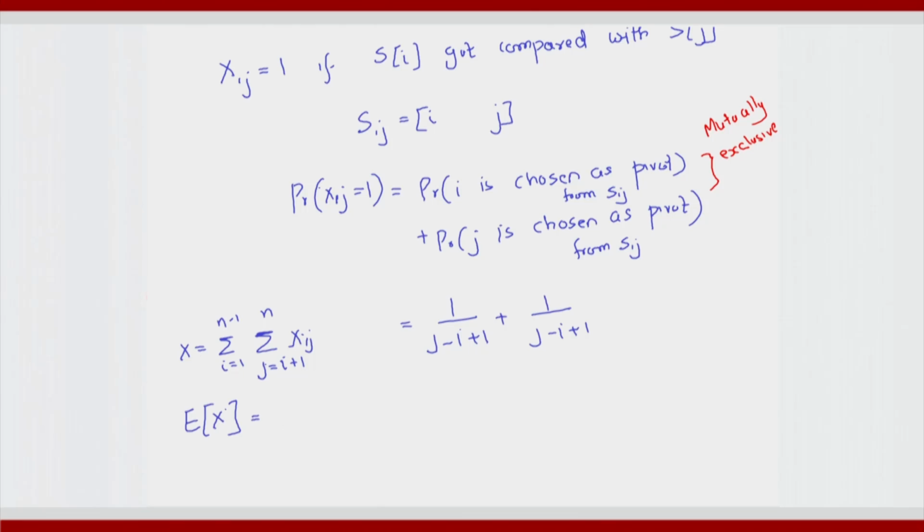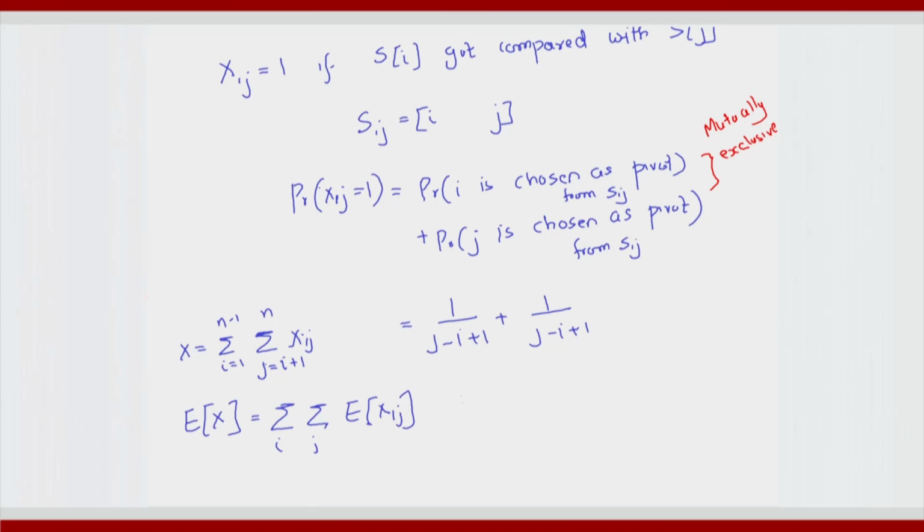So we are interested in the expected value of x, which is a sum over all possible pairs of comparisons, and we want the expected value with respect to all these random choices. So this is nothing but summation over i, summation over j of the expected value of xij.